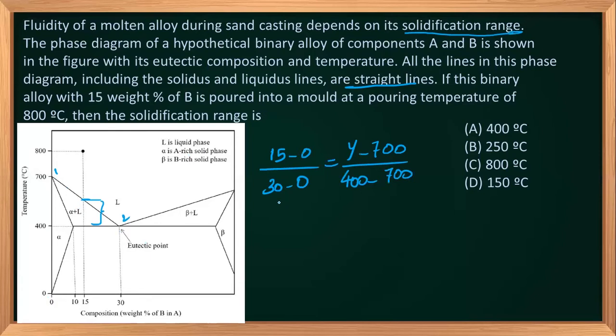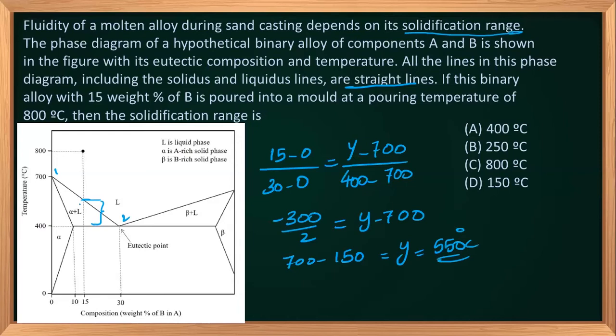So this will be 15, this will be 30, and this will be 1 by 2, and this will be minus 300. Minus 300 by 2 will be equal to y minus 700. If I take this across, this will be 700 minus 150. That will be the y point, so this will be 550. 550 degrees Celsius is this point.